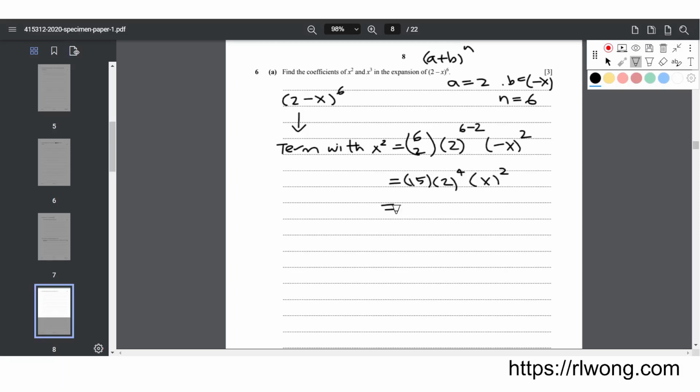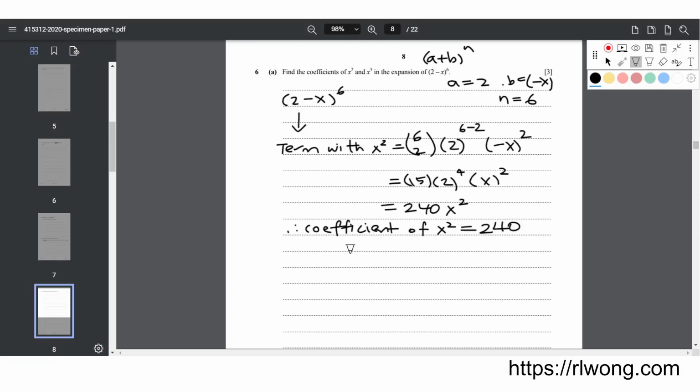So 15 times 2 to the power of 4 gives me 240. So the term with x squared is 240x squared. Therefore the coefficient of x squared is 240.